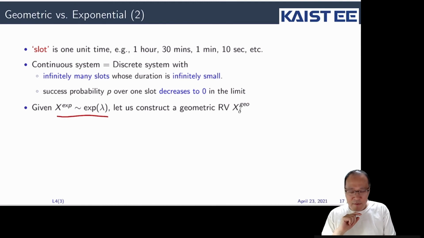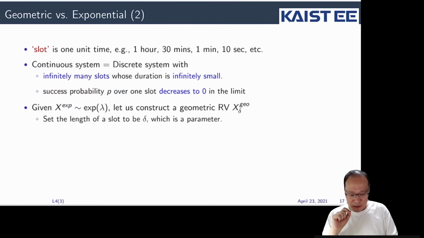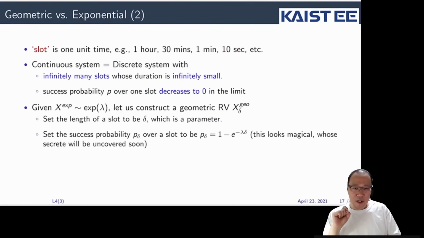So what we're going to do is this. Given the exponential random variable with the parameter lambda, I'm going to construct a geometric random variable which is parameterized by the delta, where I'm going to use the notation like X delta geometric, where slot length is equal to delta. So this delta is the parameter. That's why I use this parameter in the notation. And we're gonna set the success probability over one slot, which I denote P delta because delta is a parameter, to be 1 minus e to the minus lambda delta.